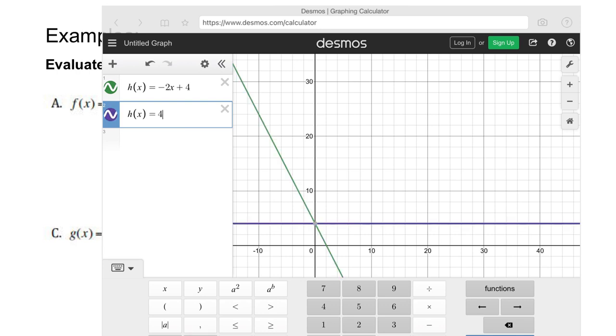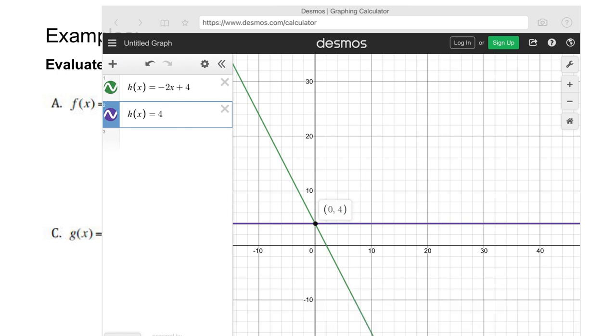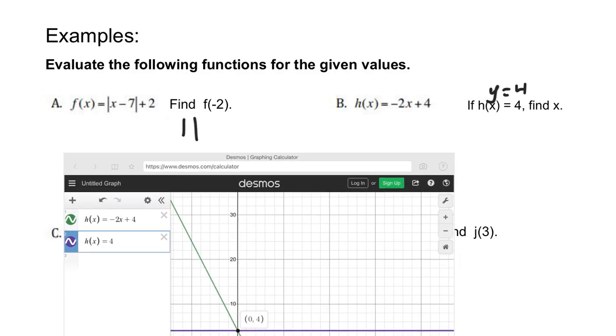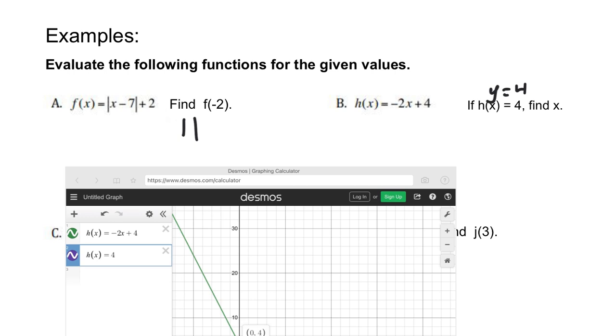And it's not going to tell you a point like the last one did, but it's going to give you a line. And if you can find that point of intersection, you'll know the point that would be the solution here. So I can see where my two lines cross at 0, 4. So the x value there that they asked for is 0. So find x, x would equal 0.